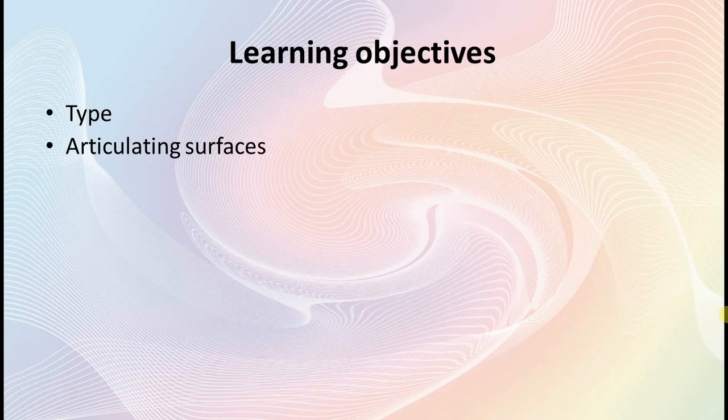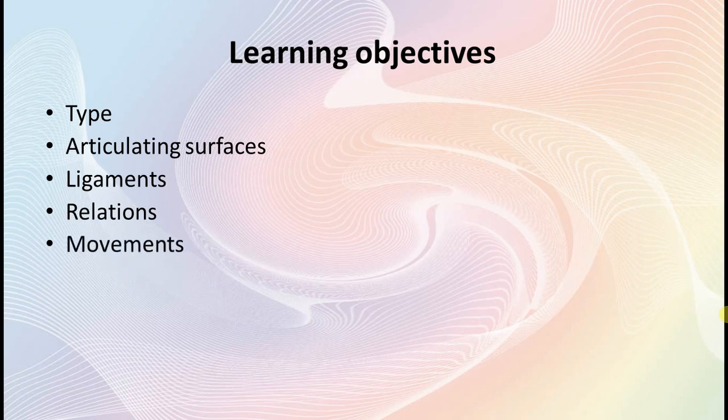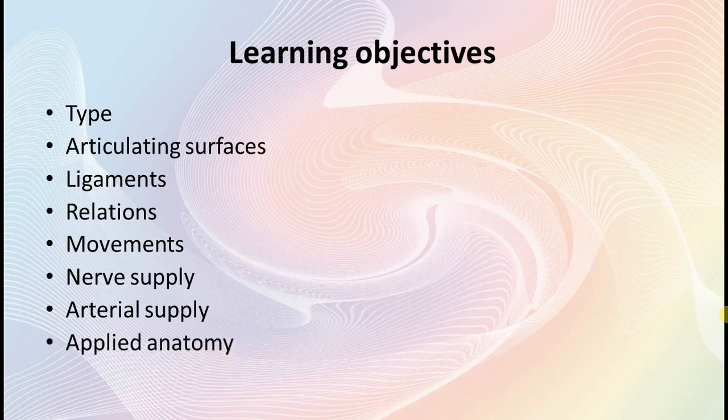Then the supports of these joints, being the ligaments, followed by the relations, then the movements which are possible in these joints, the muscles which produce these movements, and finally the nerve supply, arterial supply, and a few aspects of the applied anatomy with respect to these two joints.